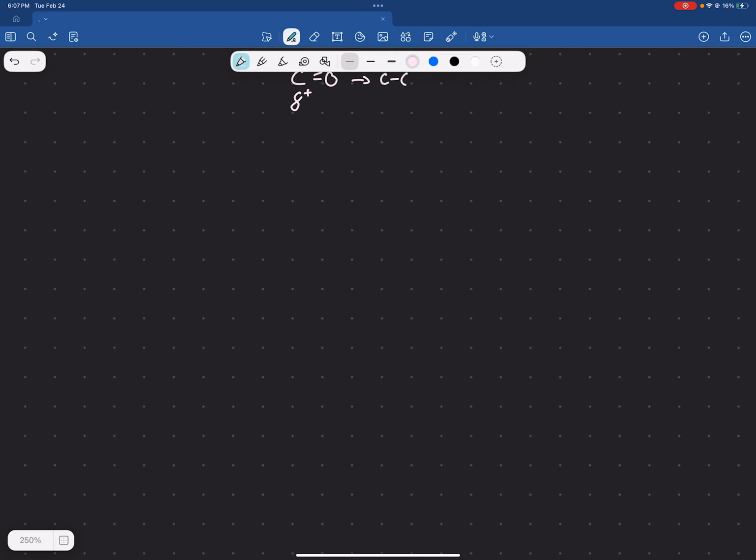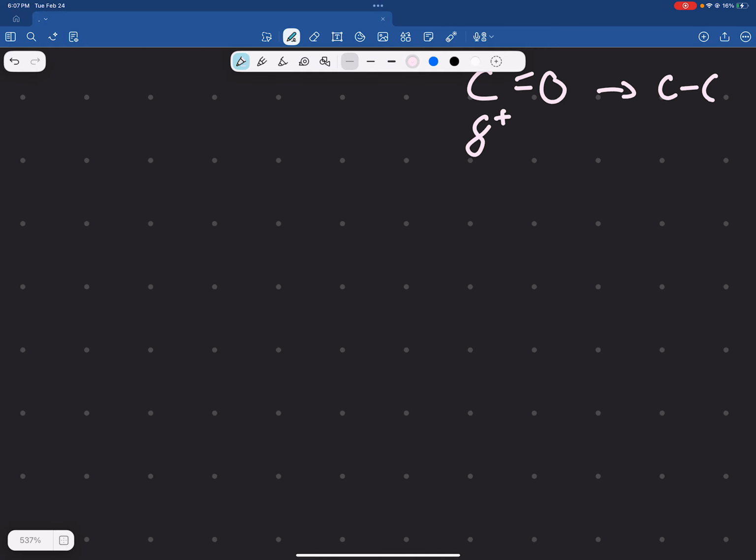Now let's go over reactions of these RMgX organomagnesium compounds and organolithium compounds with protic acids.